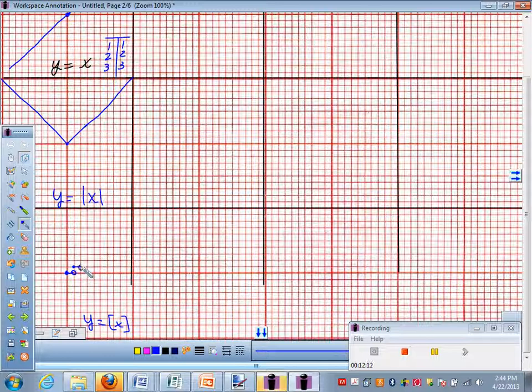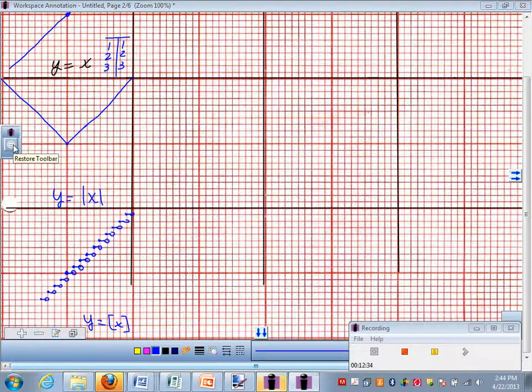Go over 1, leave a circle, hop up, and you get to keep doing this and practice your fine motor skills. Alright, so you got your basic greatest integer.